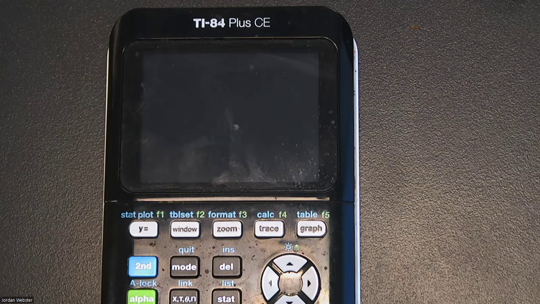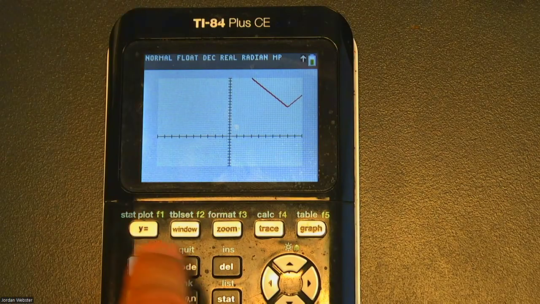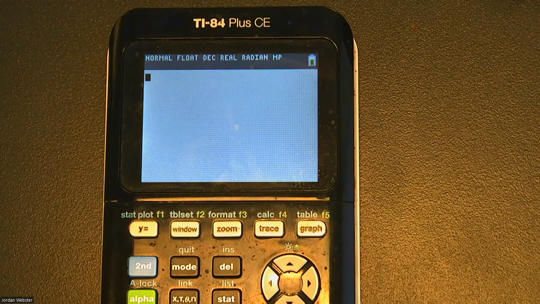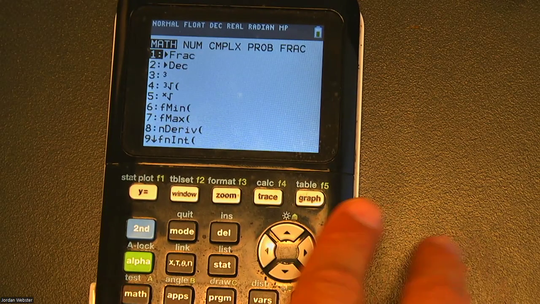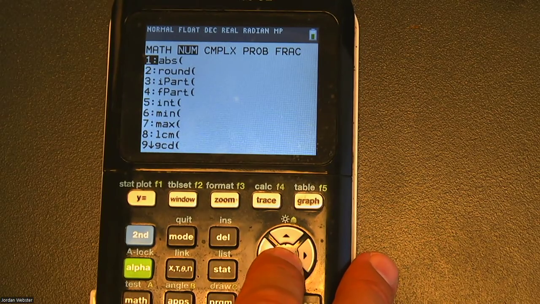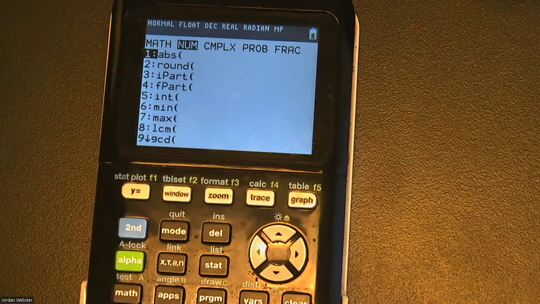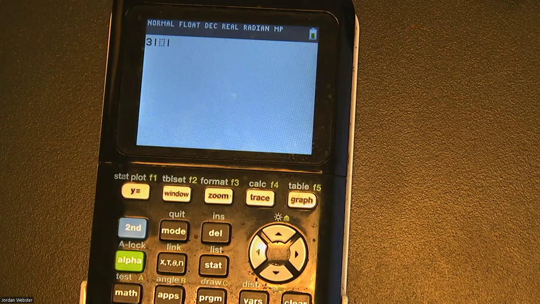And we can check that on your calculator too. Anytime you want to graph or anytime you want to calculate, you can do that on your calculator. So just to illustrate what I did when I plugged in x equals 0, you can go 3, and then in the math menu, scroll over to number, absolute value.